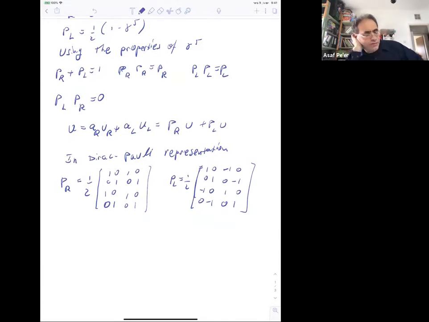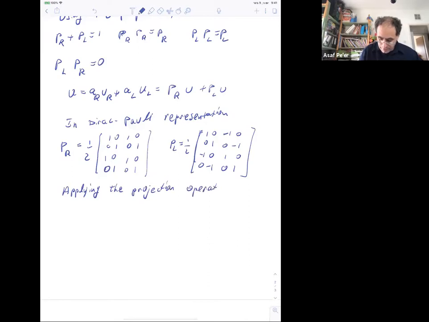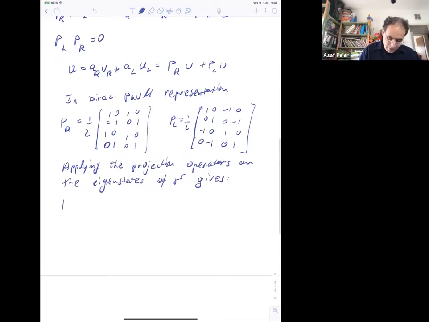And it's pretty straightforward to show the outcome of the operation of the projection operators on the eigenstates of gamma 5. So, applying the projection operators on the eigenstates of gamma 5 is: P_R U_R.